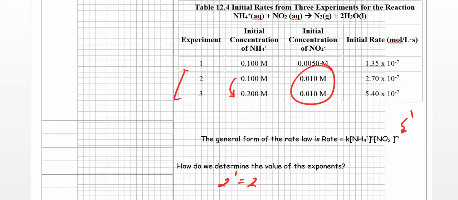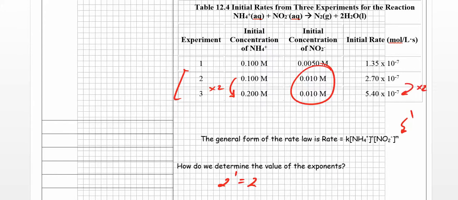We're going from 0.100 to 0.200, so that's a doubling of concentration. Well, let's take a look at what happens to the initial rate when we double the concentration. We're going from 2.70 times 10 to the minus 7 to 5.40 times 10 to the minus 7. That's double, right? That's also double.